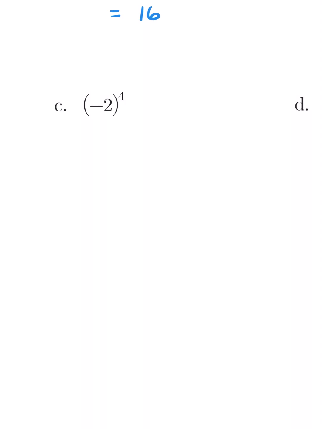If we look at this, because the negative is inside parentheses, this is equal to -2 times -2 times -2 times -2. We can cancel our negatives, we pair them off, and we have no negatives left, which means our final answer is going to be positive.